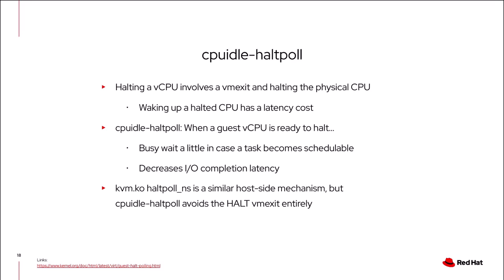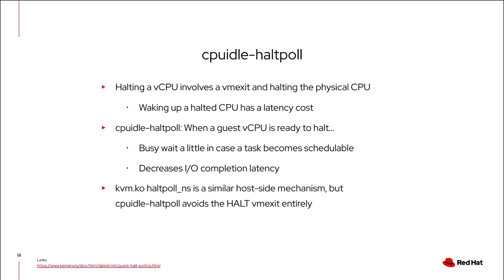What the CPU idle halt poll driver does is it runs a busy wait loop inside the guest, on that vCPU, at the point where it decides, oh, I have no more work to do. So it has a timeout, and it says, well, I'm going to try running a busy wait loop for a little while at least to see if something becomes schedulable and ready to run.